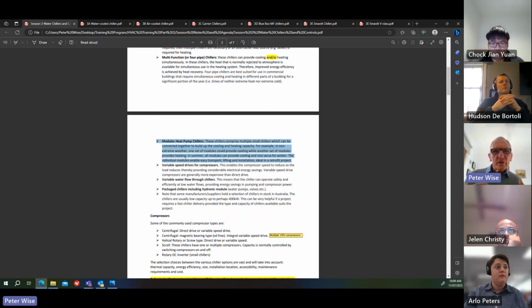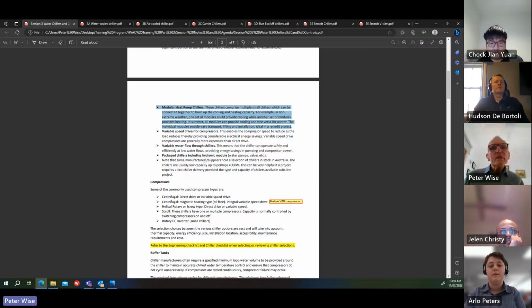But then if you need 100% heating, you can have all the chillers running on heating, or vice versa, all on cooling. In between, you can have some doing cooling, some doing heating. Does that make sense? So you can group them. The modules can be put together in groups. So let's say you put 5 in one group, 5 in another group. You've got 50% cooling, 50% heating, or you can have 100% cooling, 100% heating.